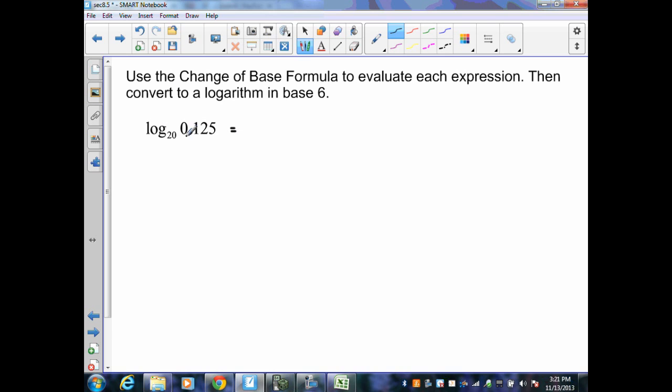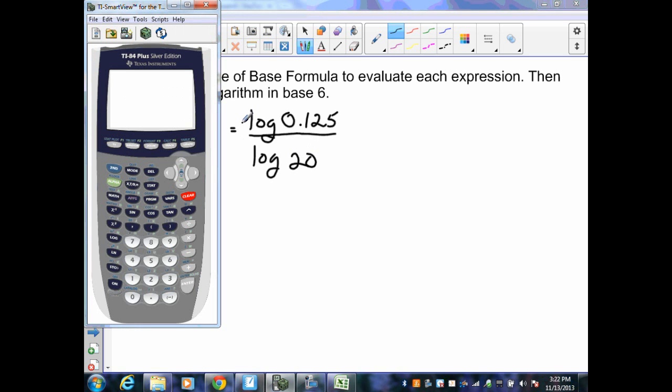Again, I can use the change of base formula, which will give me the common log of 0.125 divided by the common log of 20. I can substitute this value into the calculator.